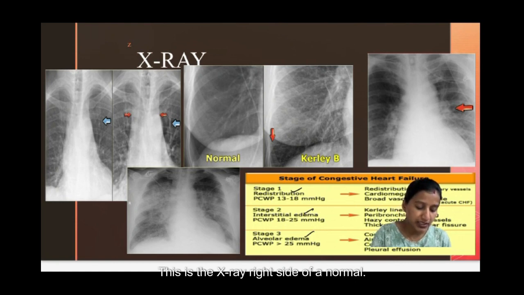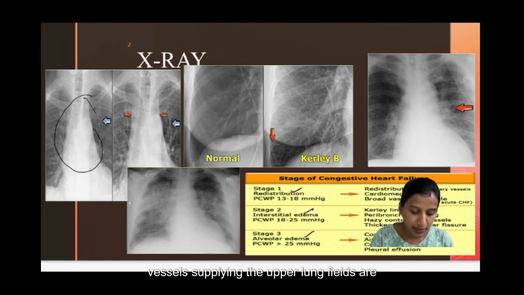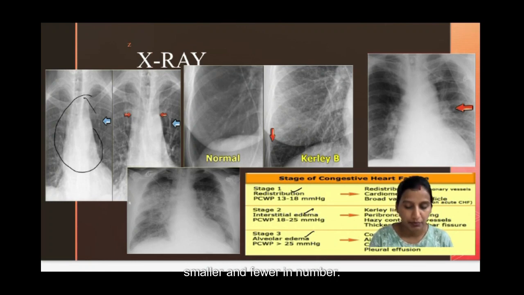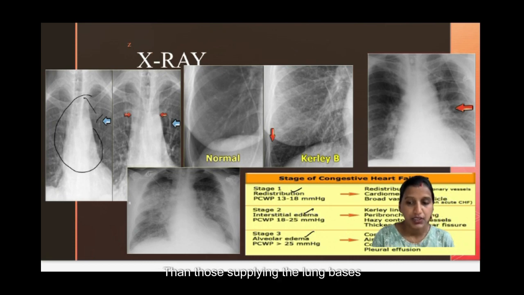This is the X-ray of a normal chest. It is just a normal chest film with the patient standing erect. The pulmonary vessels supplying the upper lung fields are smaller and fewer in number. You can notice the upper vessels are actually smaller and fewer in number than those supplying the lung bases.